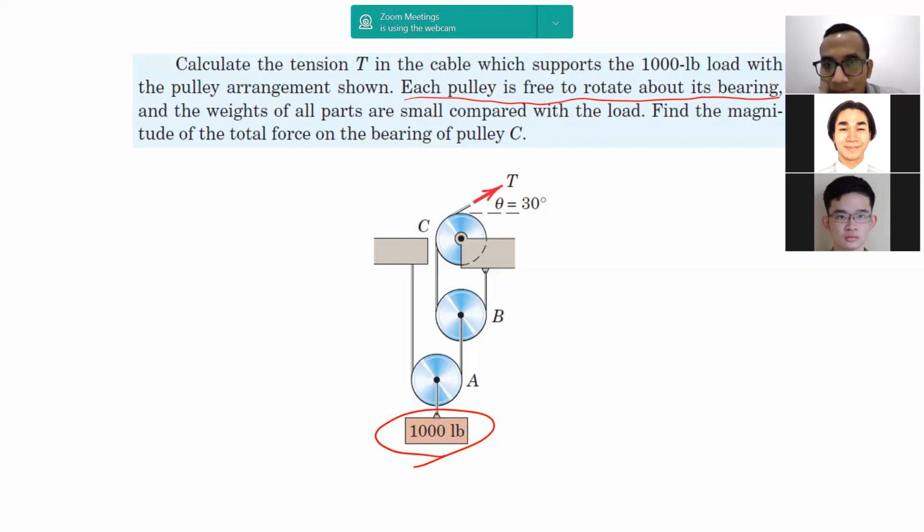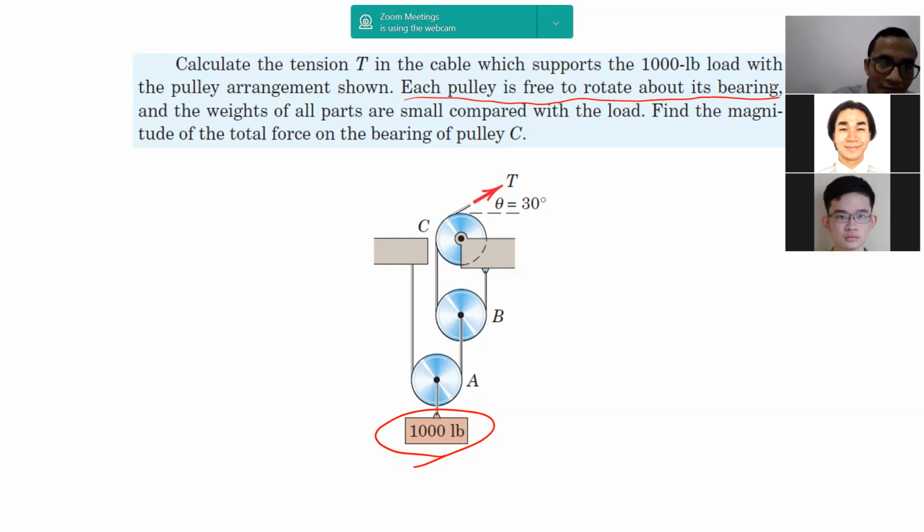What does it mean, Mario? No rotation restriction, which means there is no friction in the pulley. So the pulley itself has no friction.